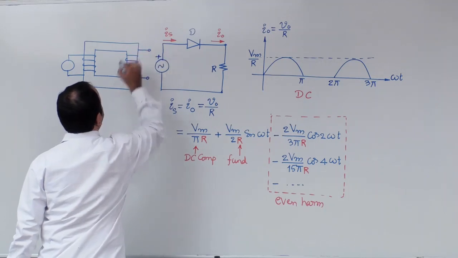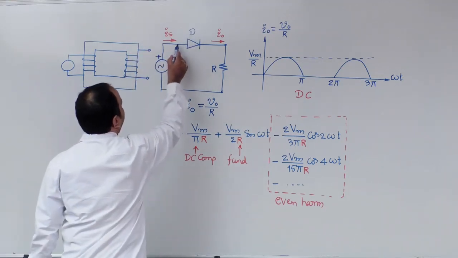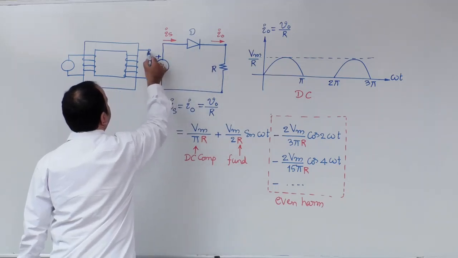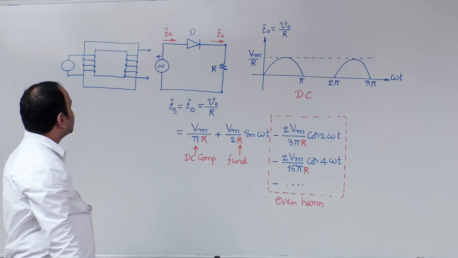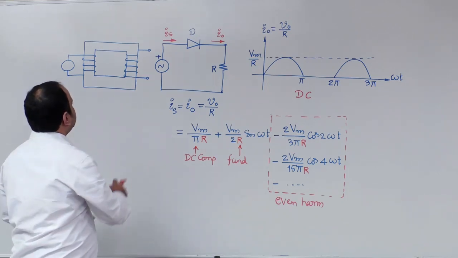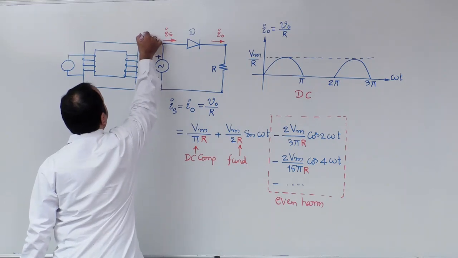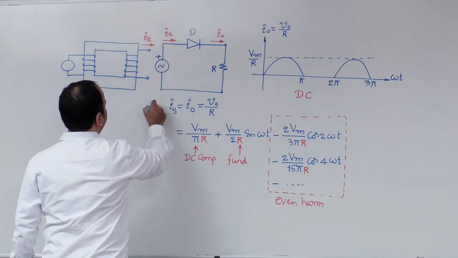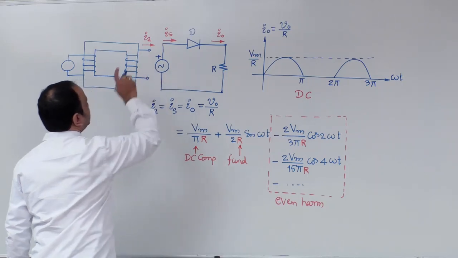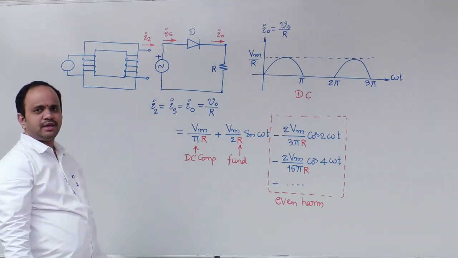The half wave rectifier circuit concept is equivalent to a diode placed in the secondary of some transformer. Therefore, I can say that the secondary current of this transformer I2 is equal to the source current of the rectifier.